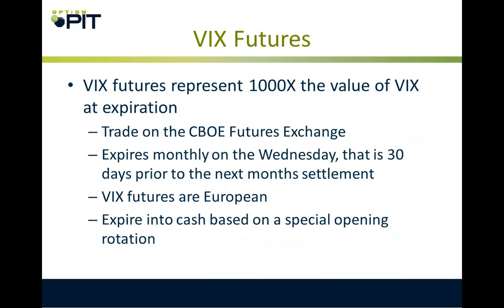Then you'll have high, above average volatility, when the VIX trades in the 18 to 25 range, or 18 to 30 range, for a period of time. And then you've got periods of extreme volatility, and those are typically short, lasting about 6 months.